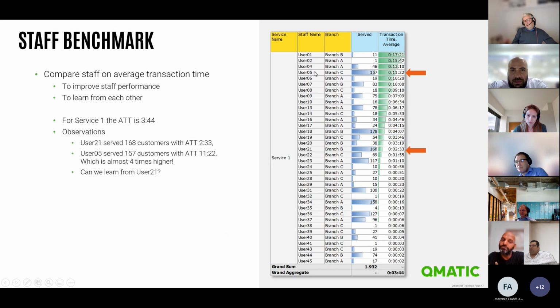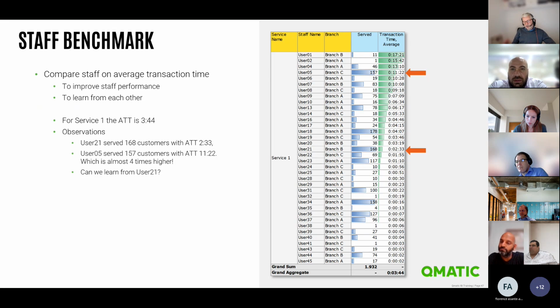So I call this user 5, and I can see that person served 157 customers, and on average it takes that person 11 minutes and 22 seconds to serve somebody for service 1. But now I take another one, let's say user 21, he or she served 168, but on average it takes only 2 minutes 33.